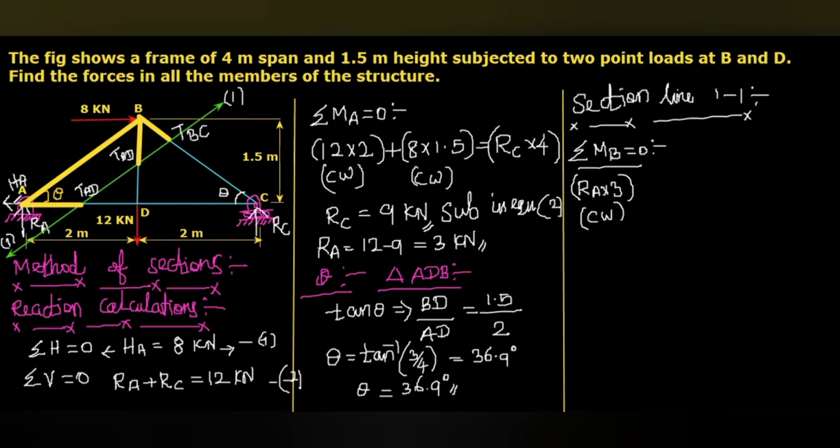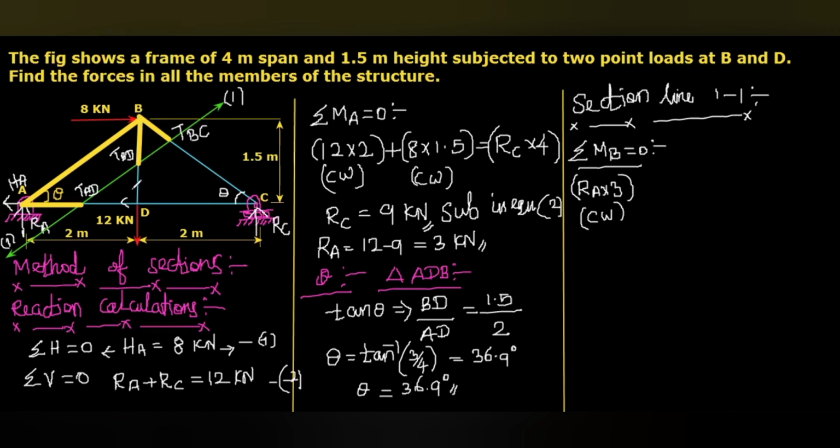This HA, we know that the HA passes through point A, point D, point C, like that we can take. So if this HA passes through point D also, then from the point B, the perpendicular distance will be BD, which is equal to 1.5 meter.